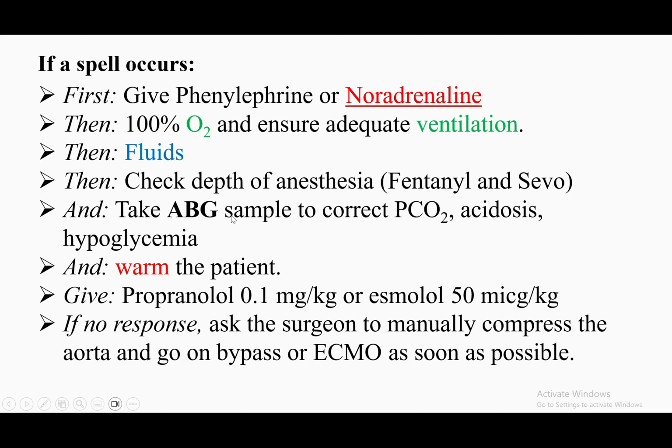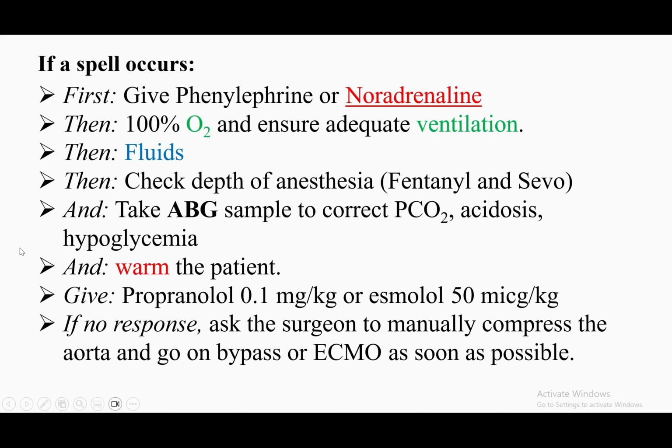Then take an ABG sample to correct PCO2, acidosis, and hypoglycemia that may have caused a sympathetic response. Warm the patient, and then give propranolol or esmolol. If no response, ask the surgeon to manually compress the aorta and go on bypass or ECMO as soon as possible.